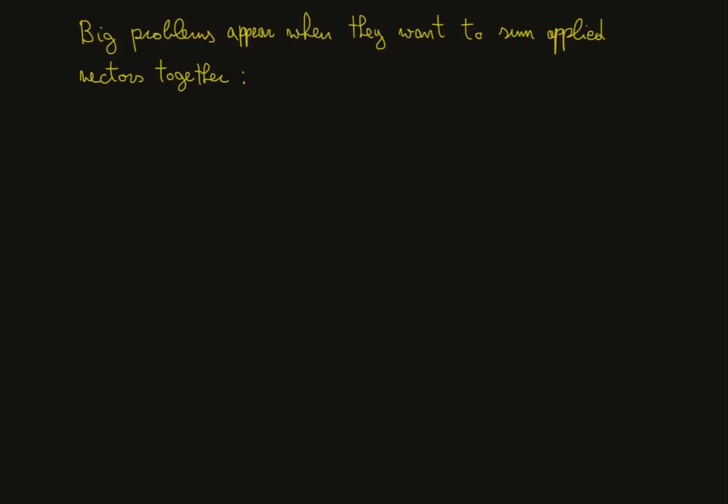Let's go back to the initial question. Of which vector space are applied vectors elements? So how can we sum these vectors up? How can we sum applied vectors among them and still get an applied vector? Big problems appear when they want to sum applied vectors together. They refers to those who wanted to draw vectors or applied vectors as arrows. Which applied vector is A, B plus C, D?